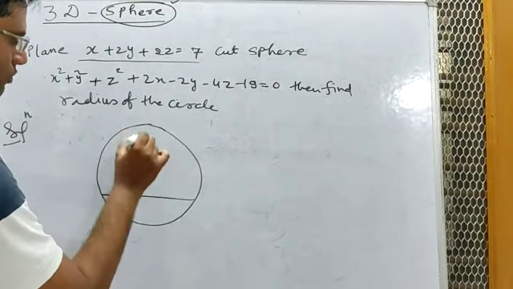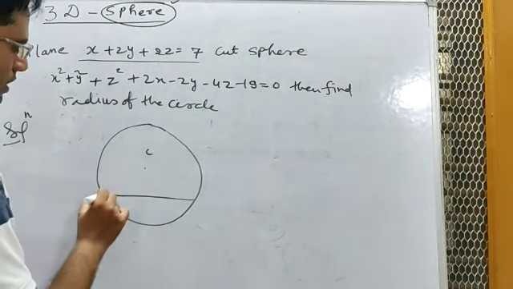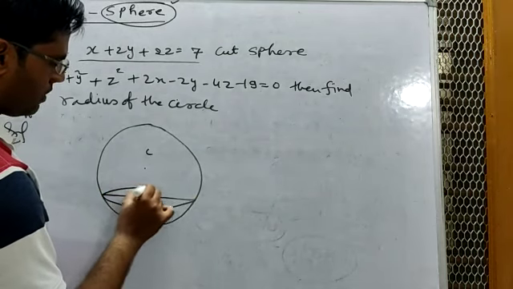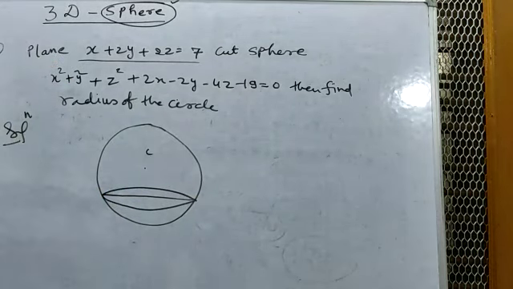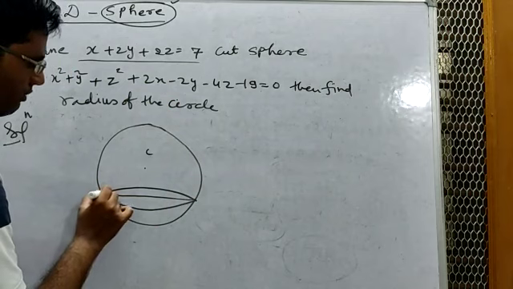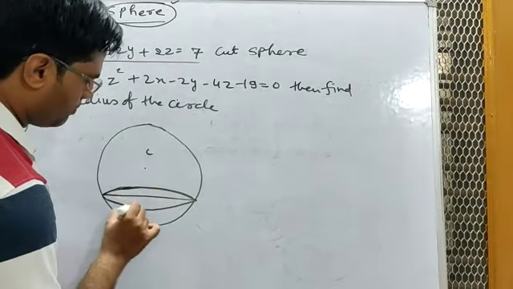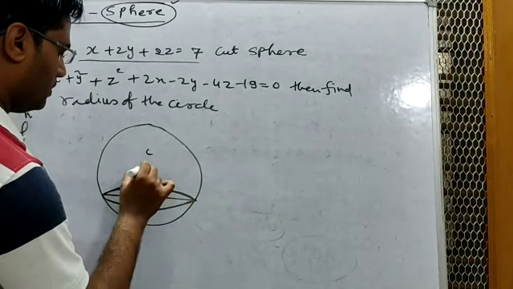That is the center of this sphere. So here we can construct a circle. That is the circle, and the given question is asking for the radius of this particular circle.